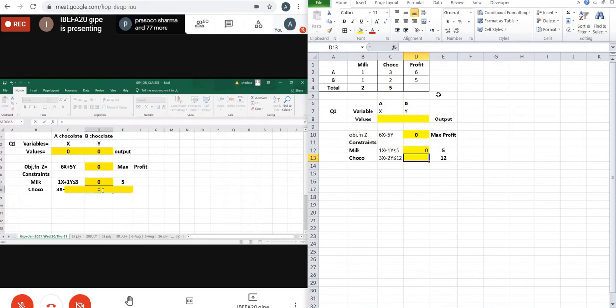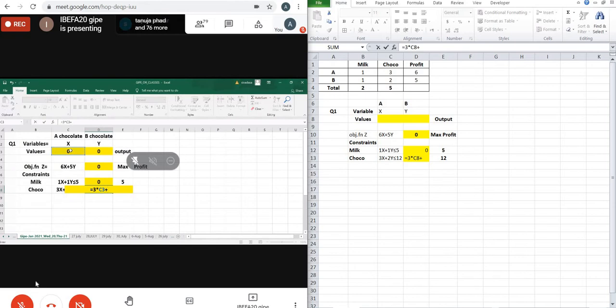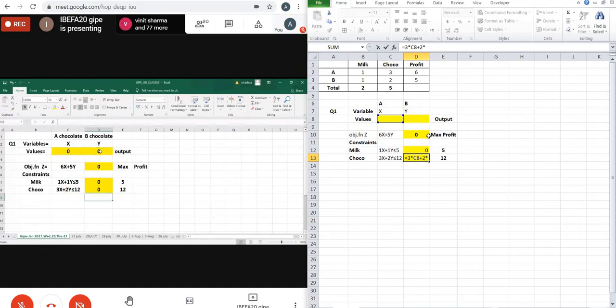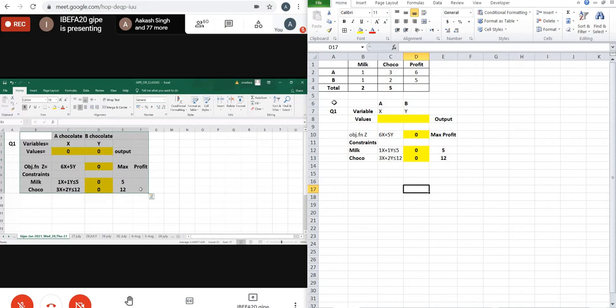So, 3 times C3 plus. How much next? Sir, 2. Yes, two times D3. It should not be beyond 12. This is the first step in Excel. This complete work is called LPP, Linear Programming Problem.